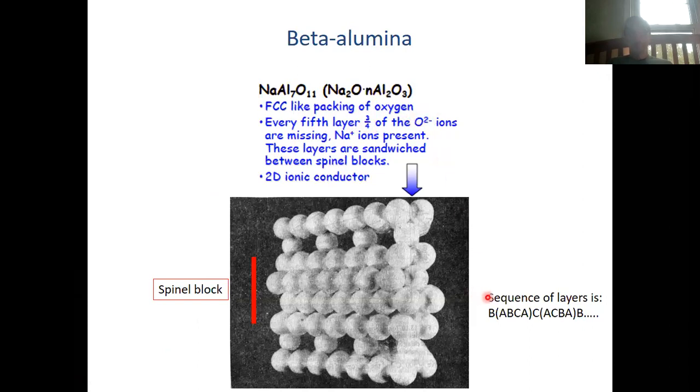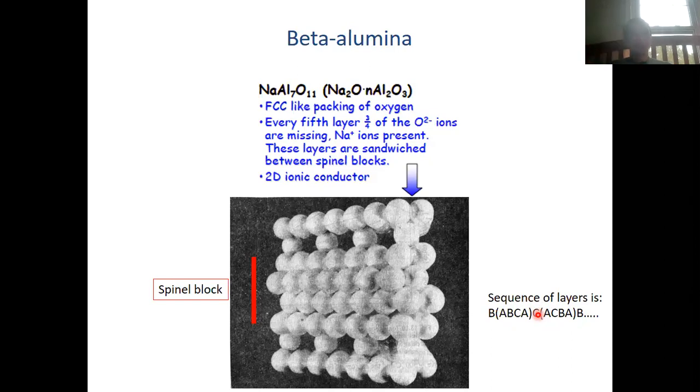And overall, we have a sequence of layers which follows the sequence B, A, B, C, A, C, A, C, B, A, and then that's a full repeating unit. Okay. So you see here, we have these 4 layers in parentheses. And these 4 layers are fully packed with oxygen ions. And then every fifth one, this P layer and this C layer here, have oxygen ions missing.